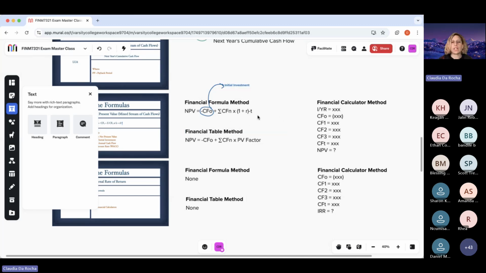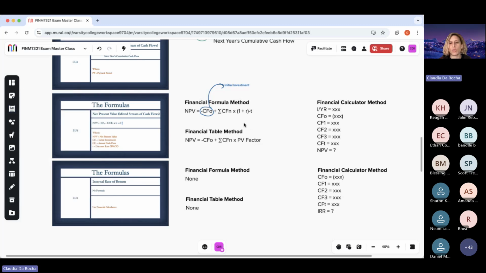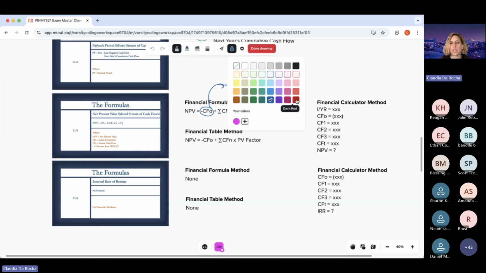Okay, and then here is what we would call the remaining cash flows that exist. Wouldn't call it terminal, but it's just the remaining cash flows that we have.